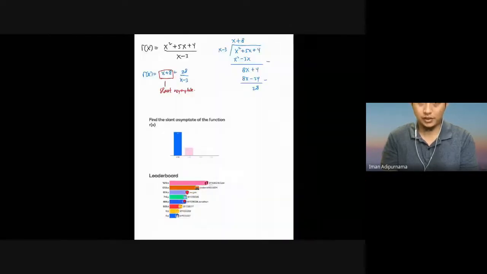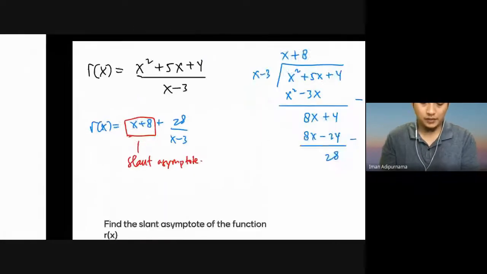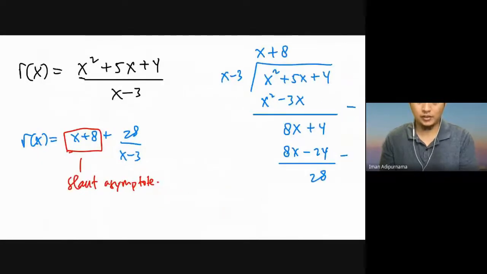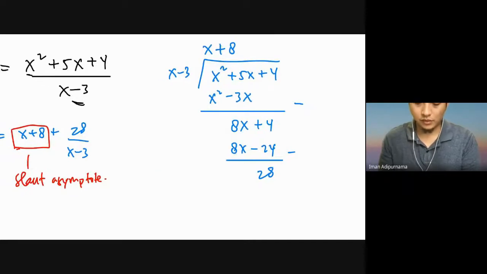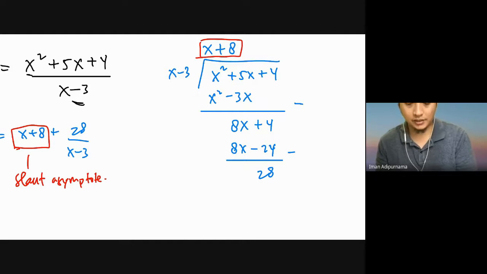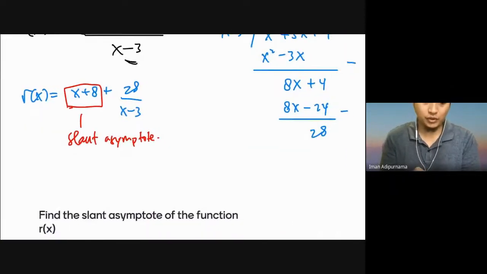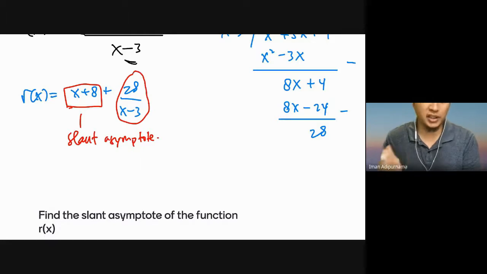Okay, next question. I believe this is not too difficult, as long as you can divide the polynomial by the other polynomial here, and we get that this will be x plus 8. You don't really need to finish until the remainder.